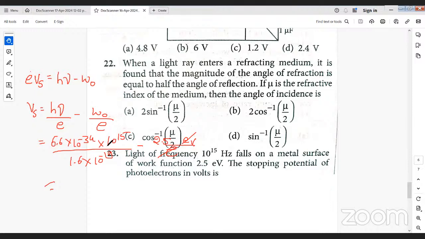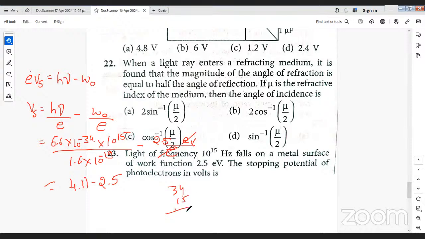Okay, just you need to simplify this. 6.6 into 10 raised to minus 34, 10 raised to 15, divided by 10 raised to minus 19. So here just do 6.6 divided by 1.6. It will be 4.11 minus 2.5 if you do the simplification. What is 34 minus 15?